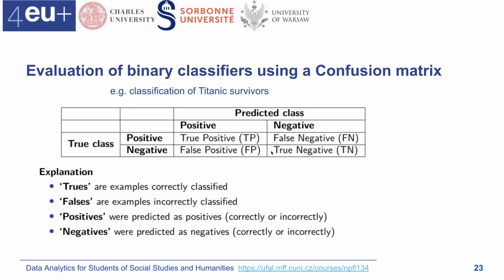Let's focus on the task of binary classification, like detecting spam in your email inbox, or the task of classification of Titanic's survivors. And let's use the so-called confusion matrix to evaluate binary classifiers.